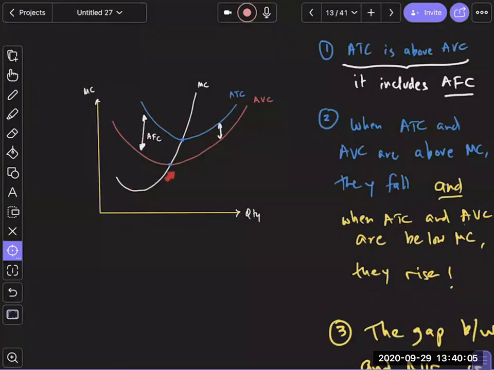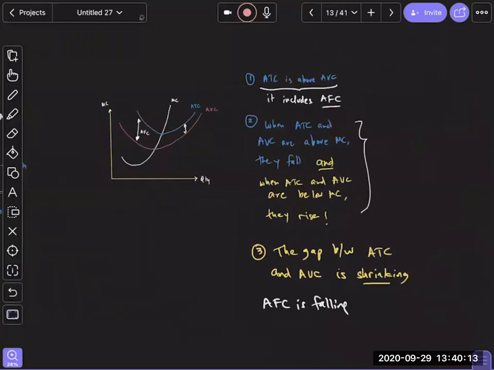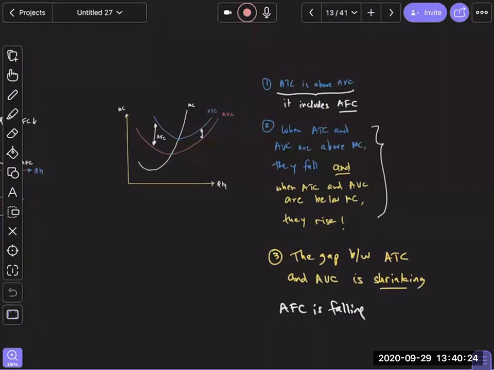And when MC is above AVC, AVC goes up. Anyone? Can somebody answer this question? Why is it that when MC is below AVC, AVC is going down?